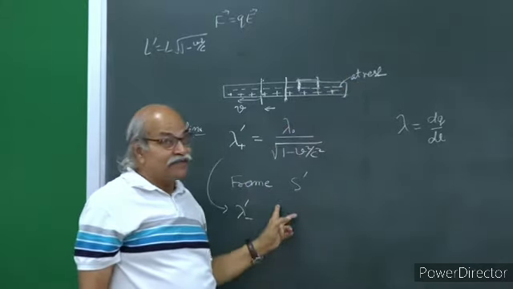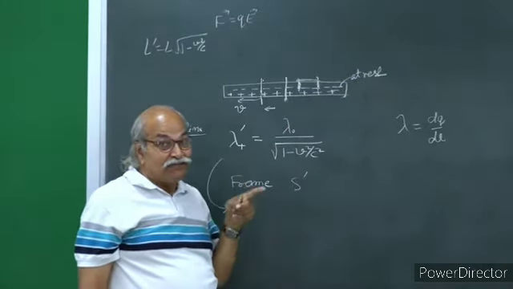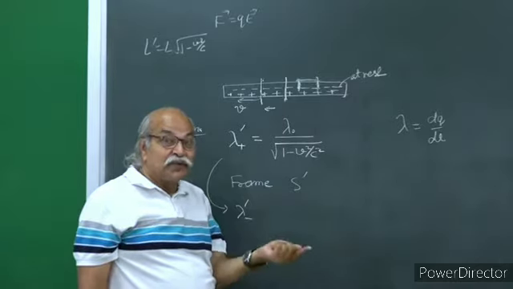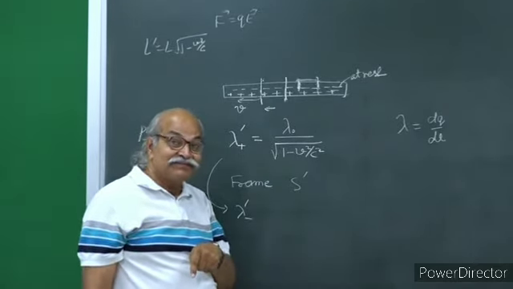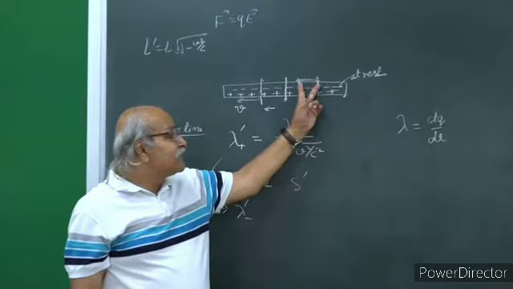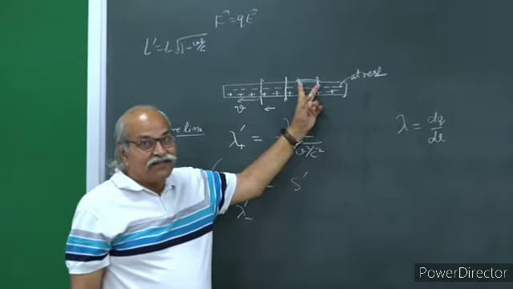This is the trolley frame, remember. So, from the trolley frame, the negative charges are not moving, the positive charges are moving in the opposite direction. So, this length is the rest length, it is the larger length.